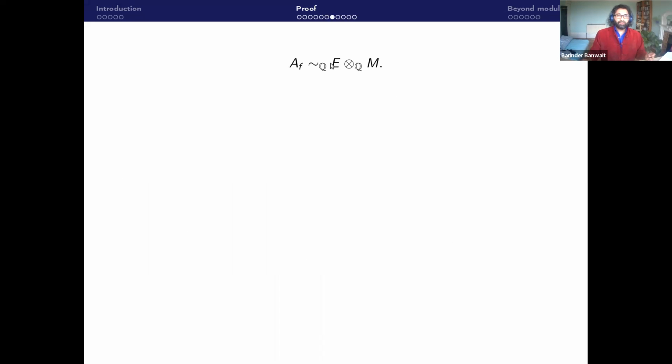Yeah, okay, so proceeding with the proof, this is a key part of the proof, so if there are any questions about this, then it's definitely worth spending time on this, I think. These abelian varieties on the two sides are not Q-simple.